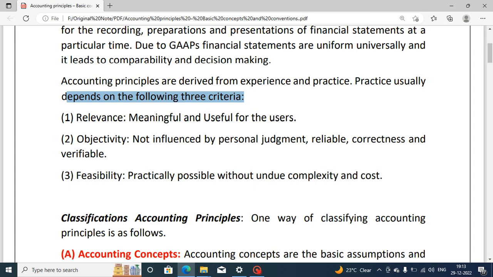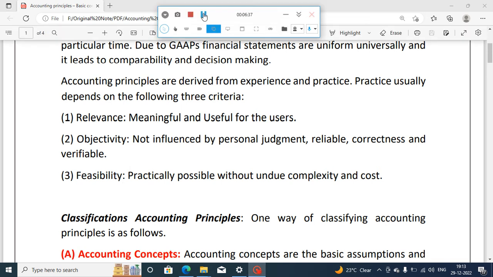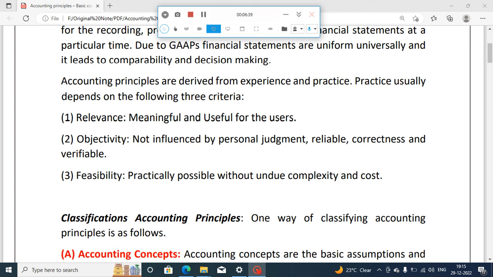Practice of accounting depends upon three criteria: relevance, objectivity, and feasibility. We have to ensure these three qualities while practicing accounting. The first quality is relevance.